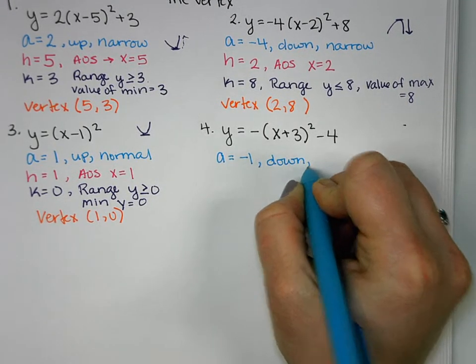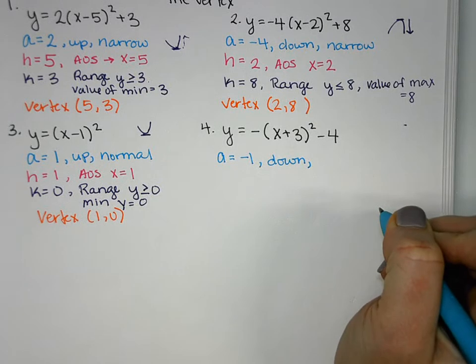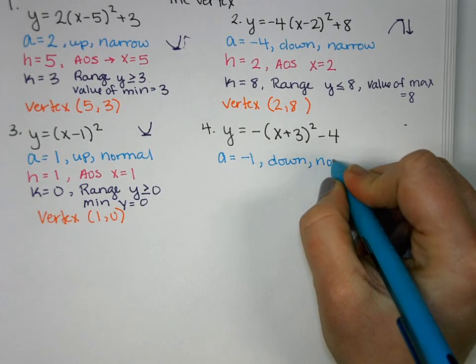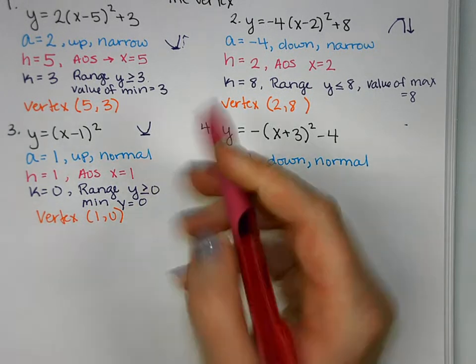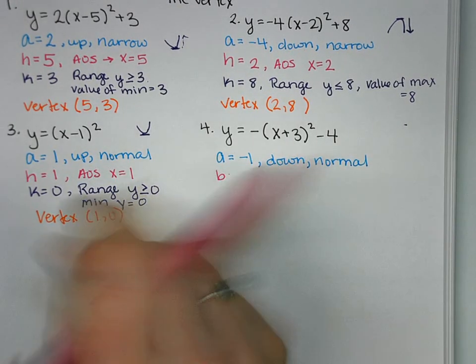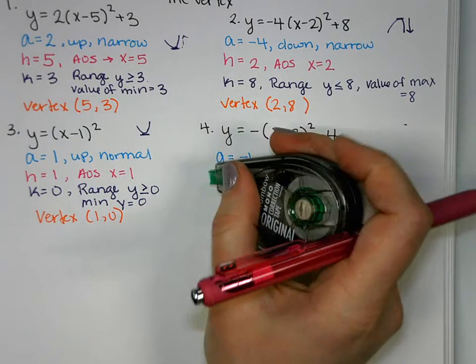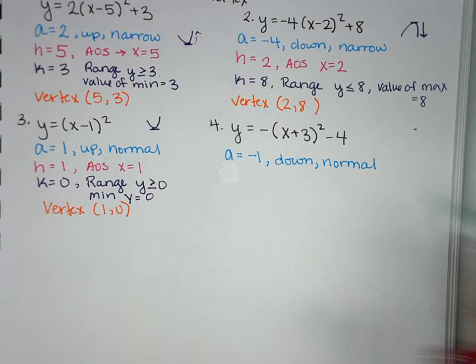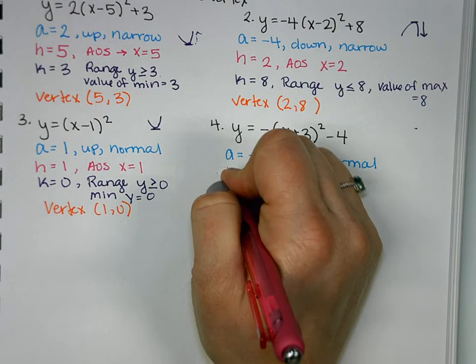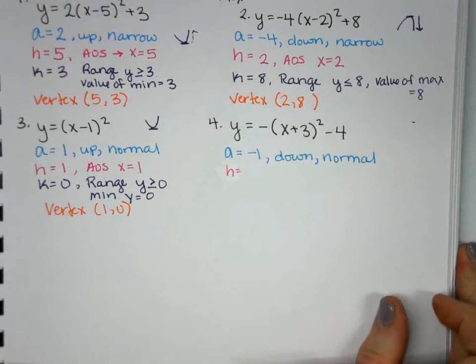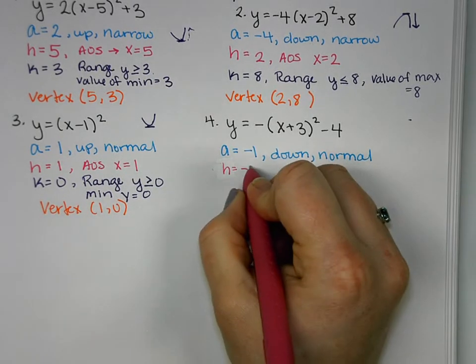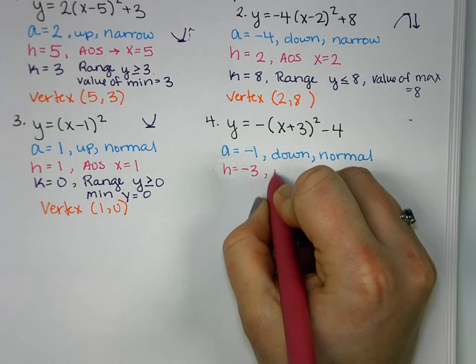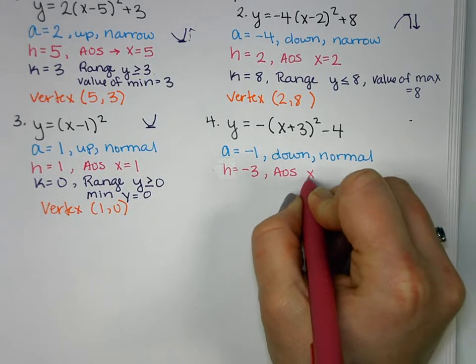Wide, narrow, or normal? Normal. Whoops, not B, H. What does H equal? Remember, it goes opposite. So Reagan, if it's positive, it's going to come out as -3. So that means our axis of symmetry is going to be x equals -3.